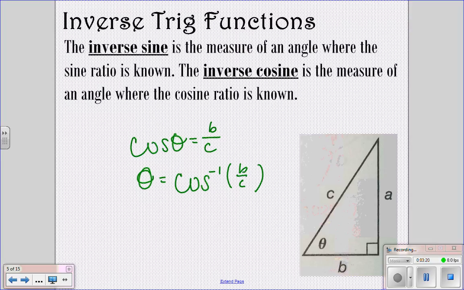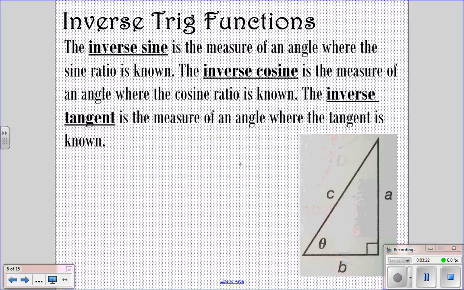And then the tangent inverse is the measure of an angle where the tangent is known. And so I'm going to write that one again, just like we did on the other 2. The tangent of theta is going to be A over B. And so to find theta, we would do tangent inverse of A over B. And you do have to know A and B in order to do that. Okay?